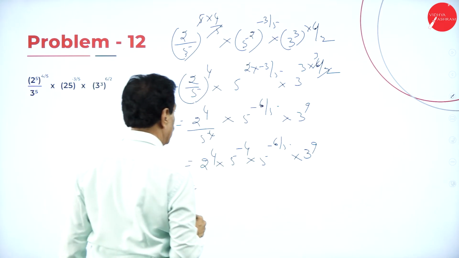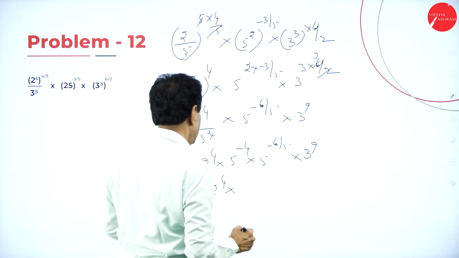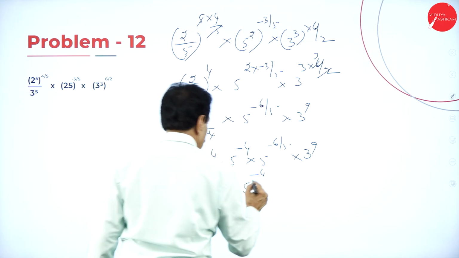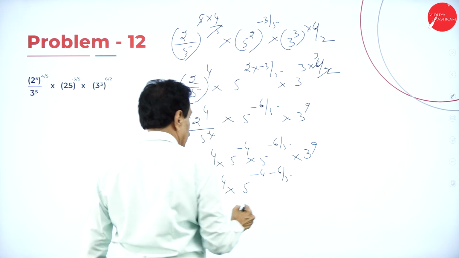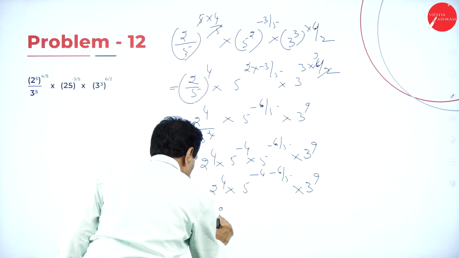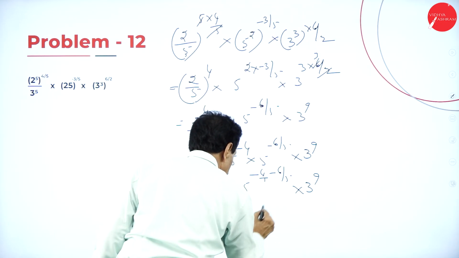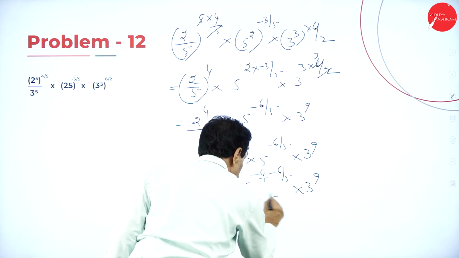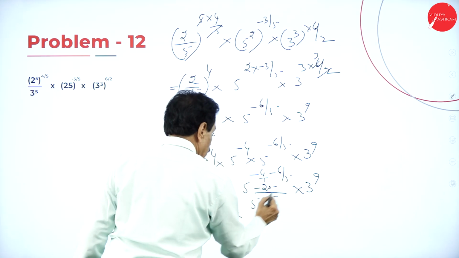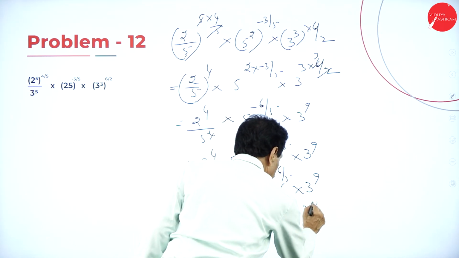This is 2 to the power of 4, 5 to the power of minus 9 minus 6 by 5 into 3 to the power of 9. If we take 5, 1 5s are 5, 5 4s are minus 20, minus 6, into 3 to the power of 9.